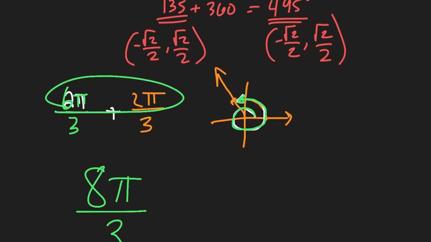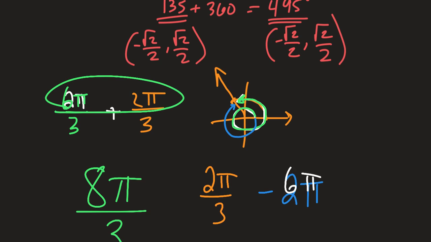Now a negative one, if we went into a negative direction, that would be coming this way. We're going to subtract 2 pi from our given radian angle. So 2 pi over 3 minus 2 pi. Once again, we have to change our 2 pi into 6 pi over 3 so that the denominators match.